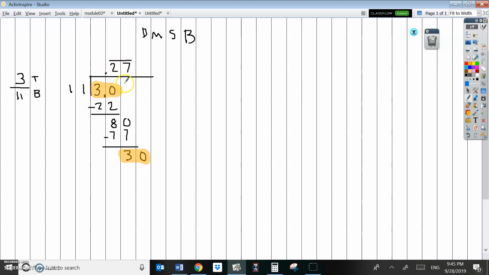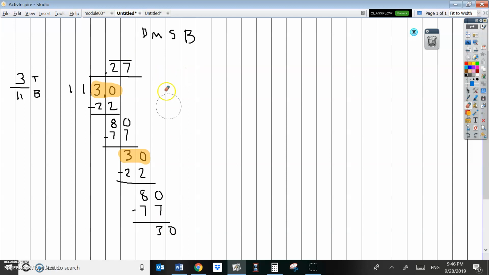Let's just show that it will repeat, by the way. So keep working. How many 11s in 30? 2. 2 times 11 is 22. Subtract, we get 8. Bring down a 0. 7 times 11 is 77. Subtract, get a 3. So this part is all you need.